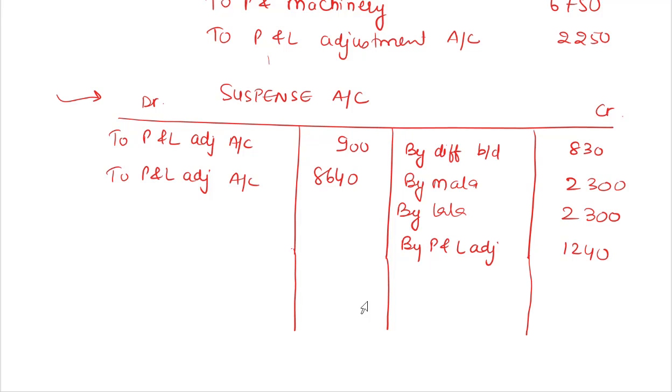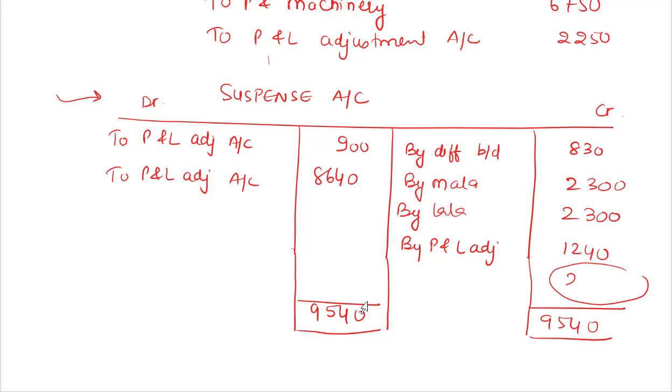As I can see, the debit side is more. 8640 plus 900, 9540, will be transferred to the credit side, and the difference is 2870, by balance carried down. I believe it is clear.